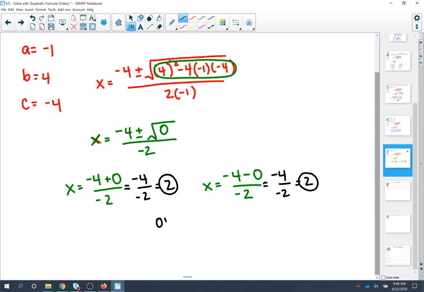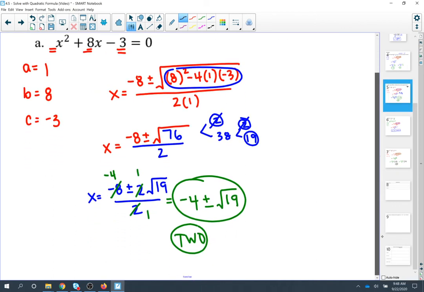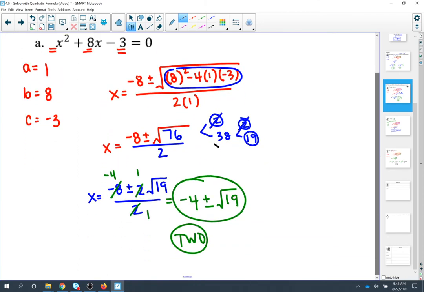That's 1 real solution. So before we go on to our recap here, which says discriminant, let's just go back. In this example, we had 2 real solutions. They didn't look pretty, but we had 2 real solutions.